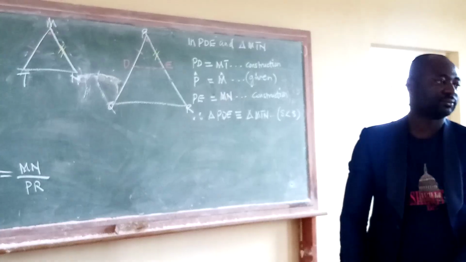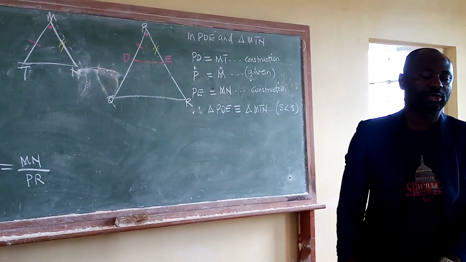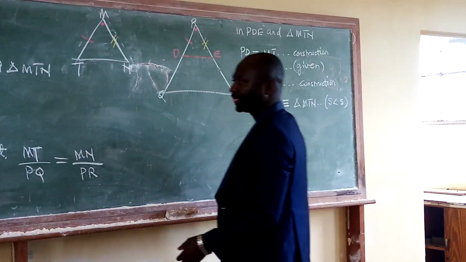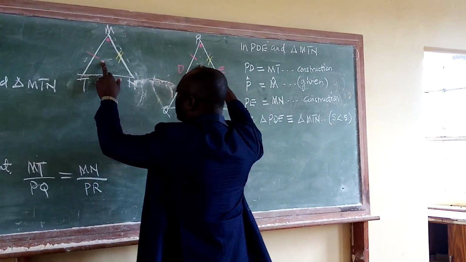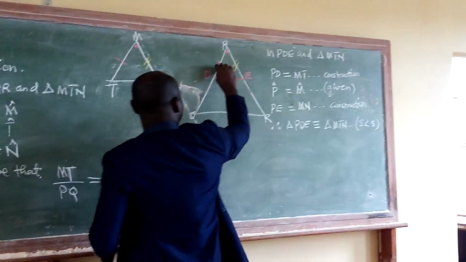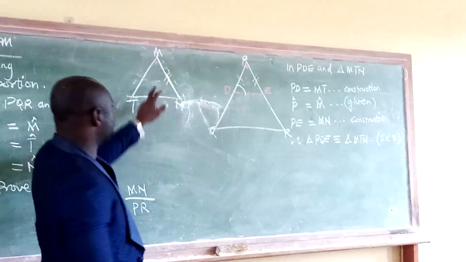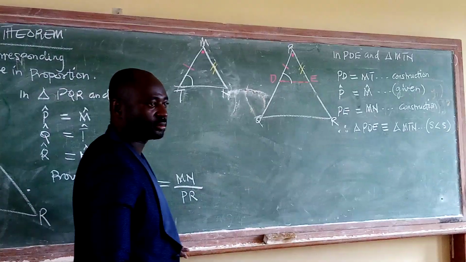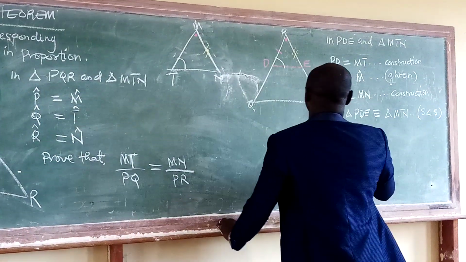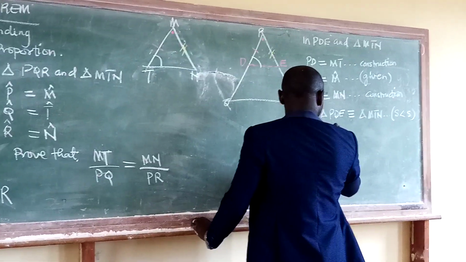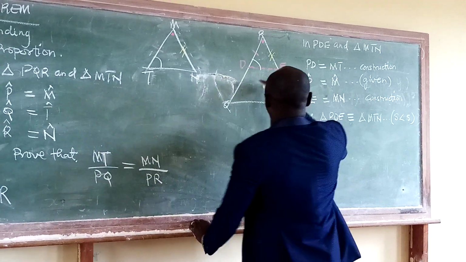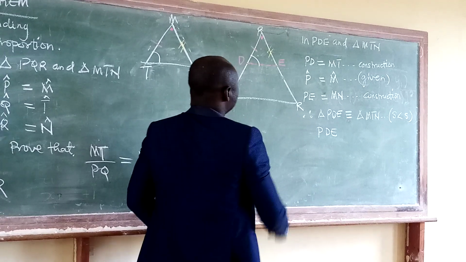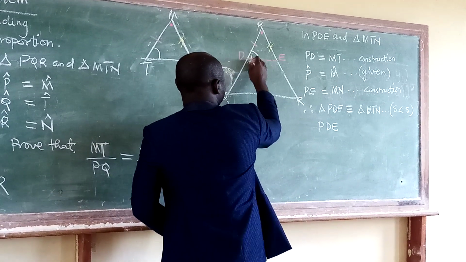Are you together? Yes. Now that you have proven congruency, you need to talk about them again. If these two triangles are congruent, the angle here is the same as which angle in this one? Angle T. So you will write angle PDE, because there are two angles at D, so you can't say angle D. You have to use 1 and 2.